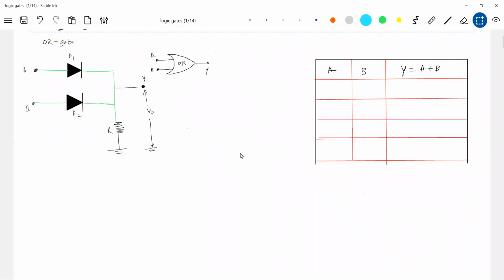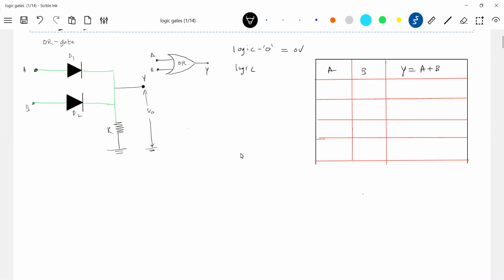So first the inputs A and B are logic 0. See, I'm trying to introduce this one. Logic 0 we define by, shall I write like this? Logic 0 is defined by 0 volt.